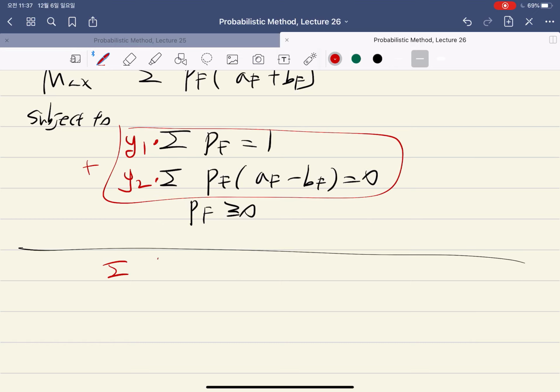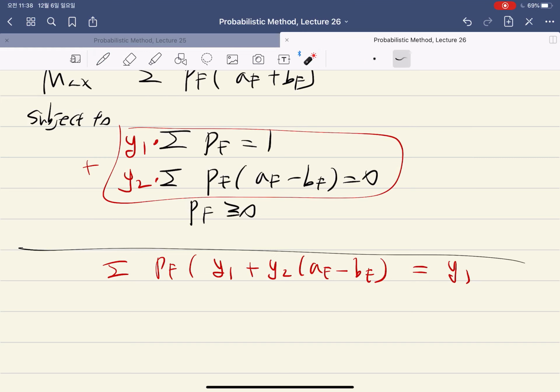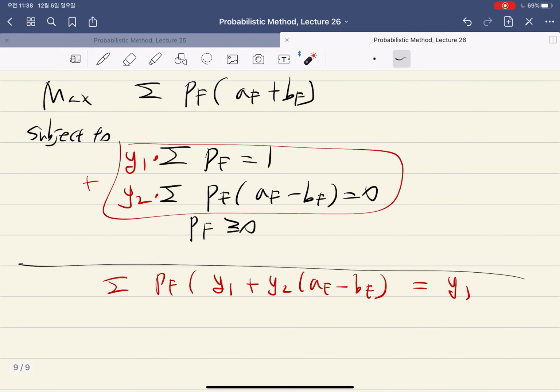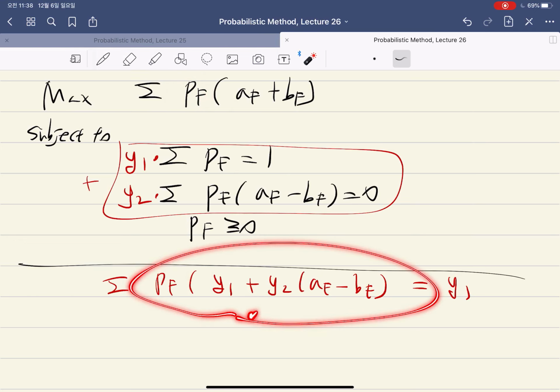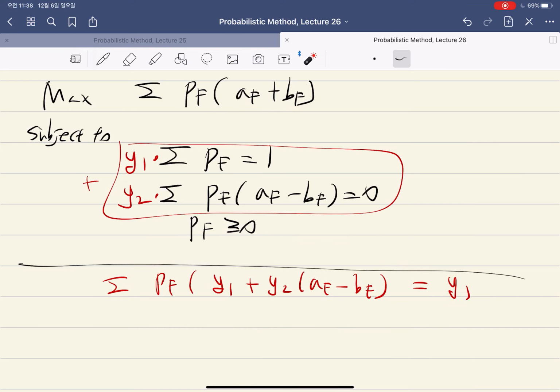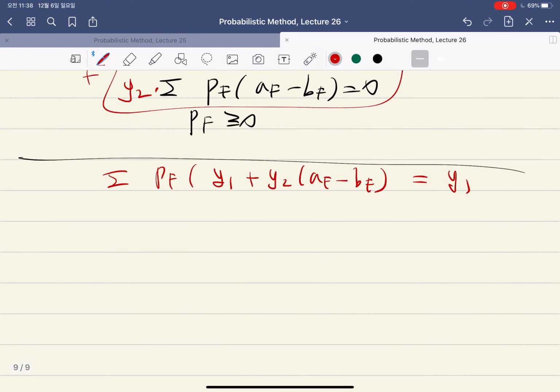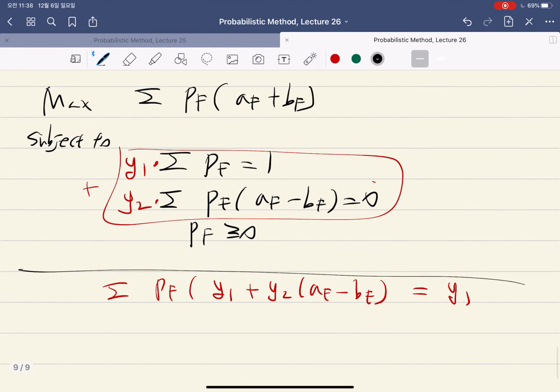You get the sum of PF times y1 plus y2 times AF minus BF equals y1. And for the dual, we want that comparing these two, all the coefficients here are at least as large as the coefficient there. Then this actually provides an upper bound, so we want to minimize that upper bound, and that's the dual.